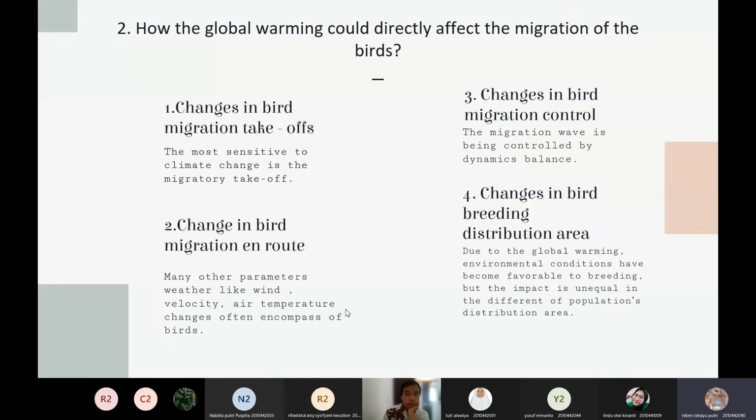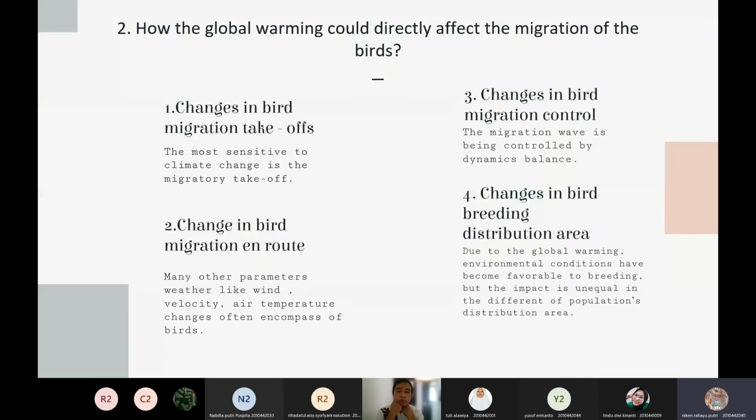Number two, how global warming could directly affect the migration of birds. Number one, change in bird migration takeoff. The most sensitive to climate change is the migratory takeoff. Number two, change in bird migration en route. Many other parameters, like wind velocity and air temperature, often affect the birds.